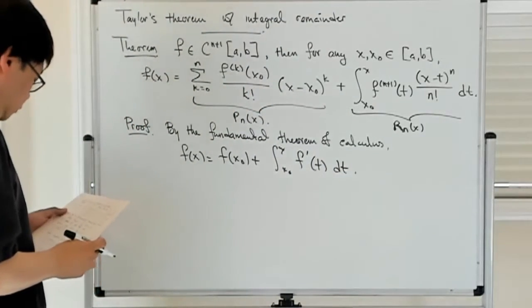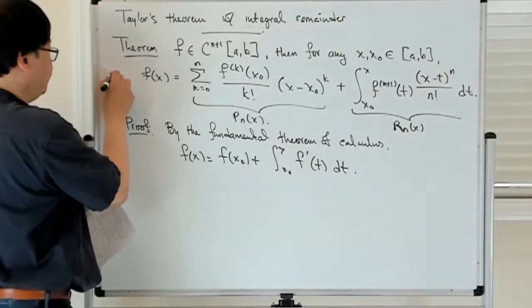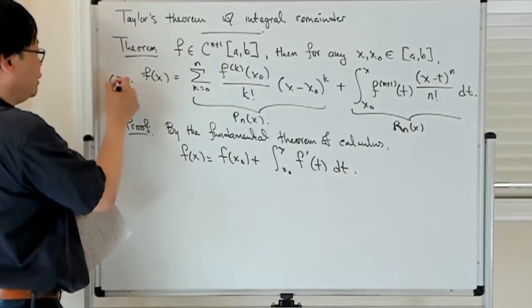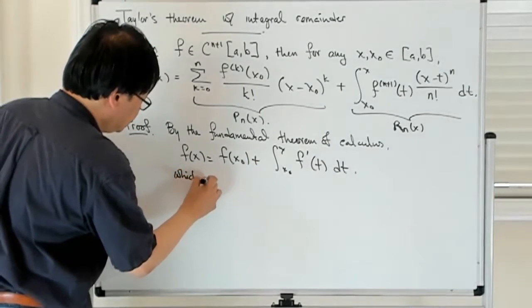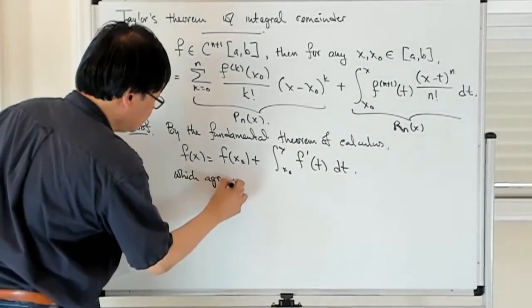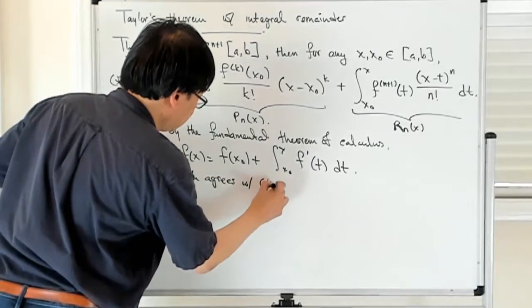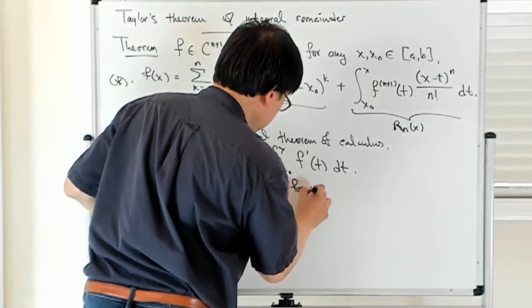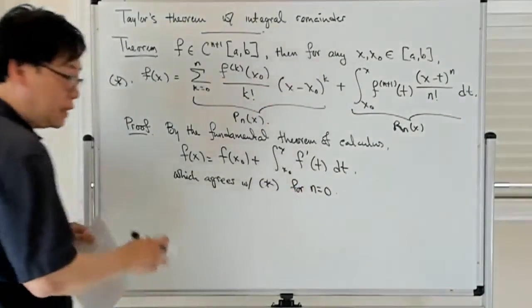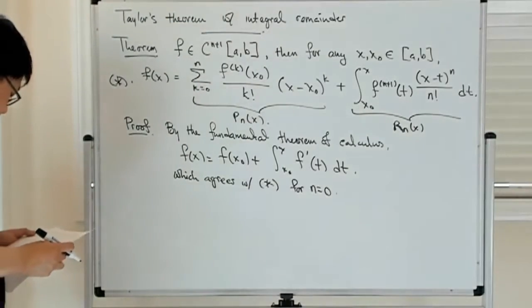And this agrees with the expression which we have here, which I denote by star. So this agrees with star for the n equals 0 case. Okay, so that's my induction basis.